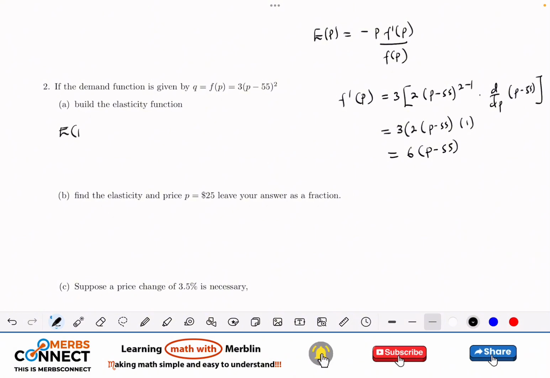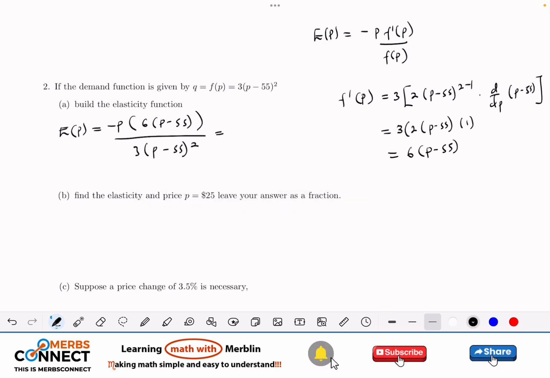So what will be E of P? Minus 6P times (P minus 55) divided by 3 times (P minus 55) squared. Right. So what can I do? Can I do something? Yes, of course I can do something.